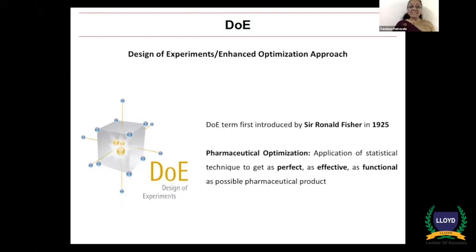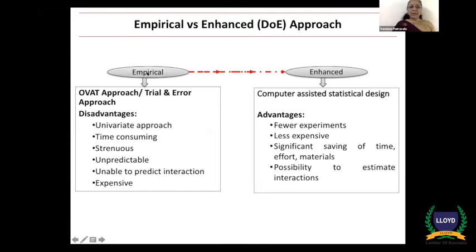product as is desired. Earlier, it used to be empirical, that is one factor at a time or one variable at a time. But now, over a period, it has changed to computer assisted statistical design, because you do have softwares available. So, advantages are that yes, you need to do fewer experiments and get to know major data.